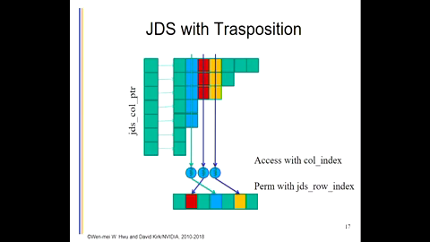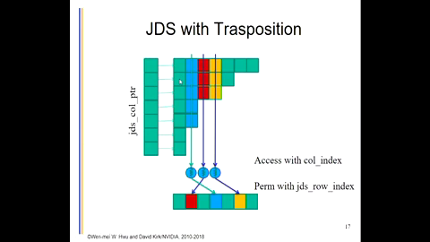So this transposition is also going to create some interesting problems, and that will make the code look quite different from the JDS, from the CSR format. So instead of being able to tell the beginning of the rows, now we actually need to know where the next original column begins.